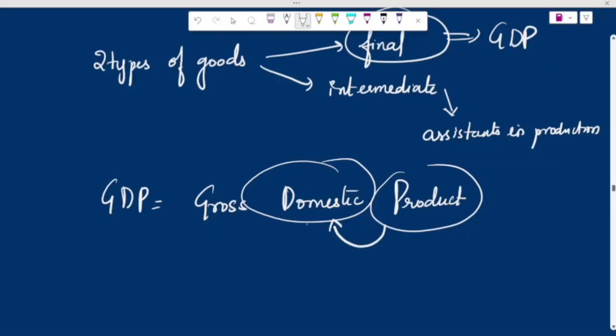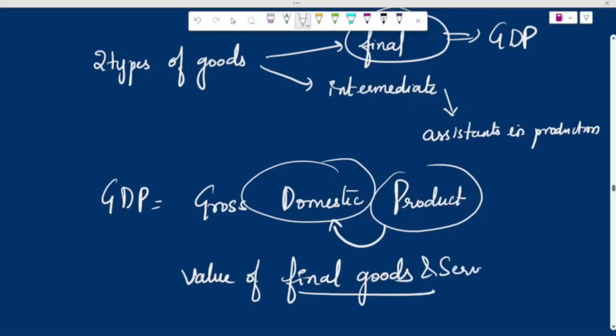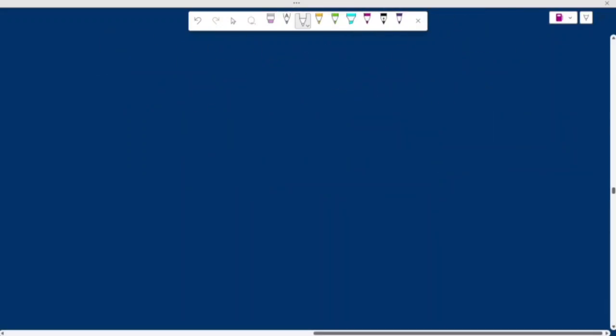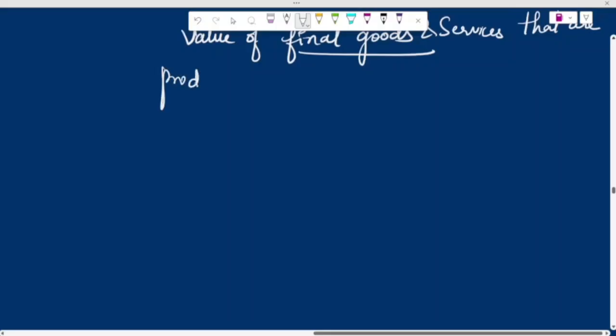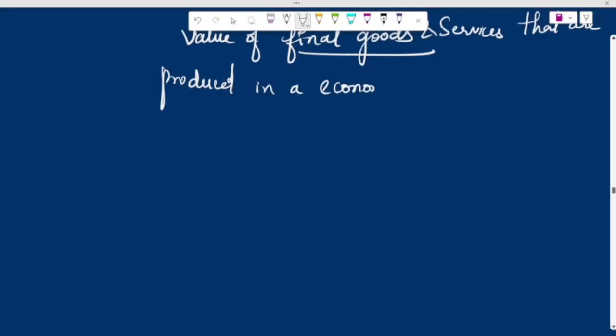So it is nothing but the value of final goods and services that are produced in an economy in a given time period.